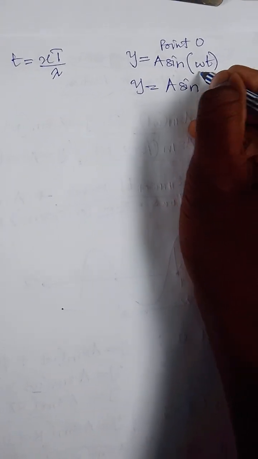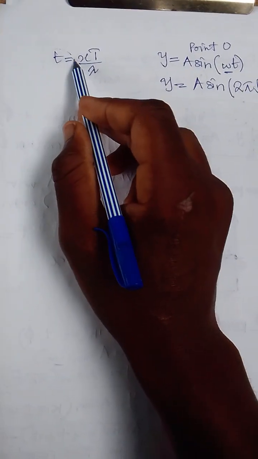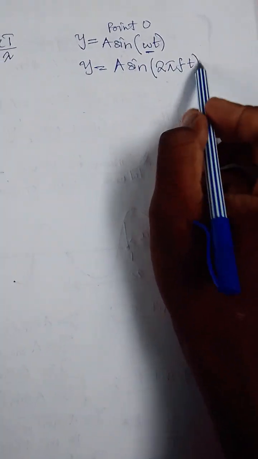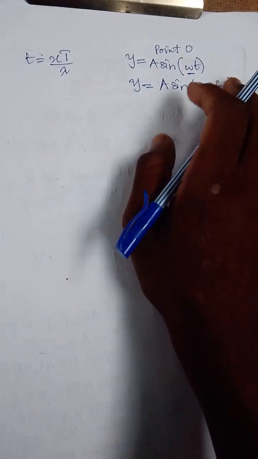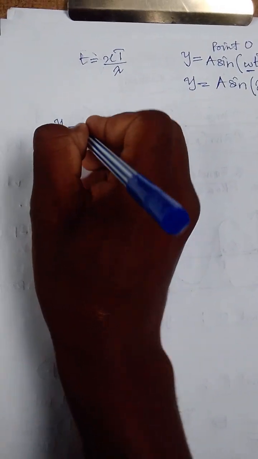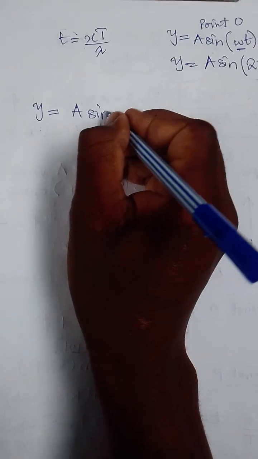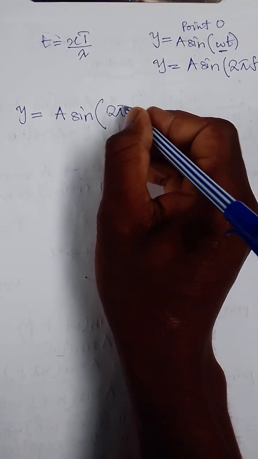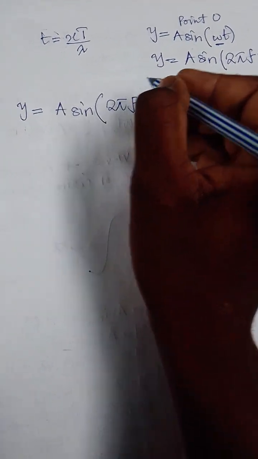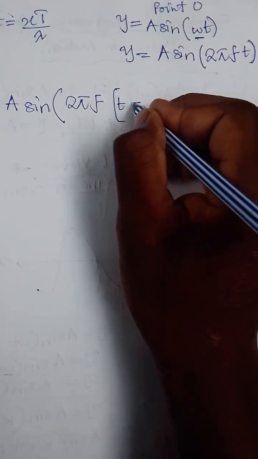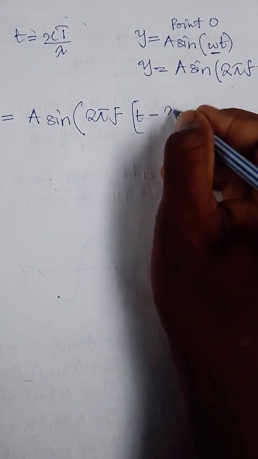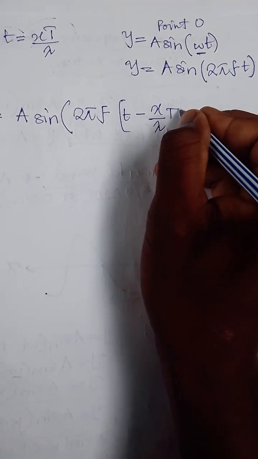I replaced omega with 2 pi f t. So let me subtract this from this t here, since this is the period. I'll get y is equal to a sine 2 pi frequency, then t. From t I subtract this factor here, x over lambda times the period.